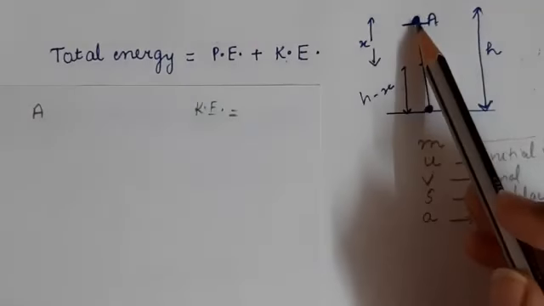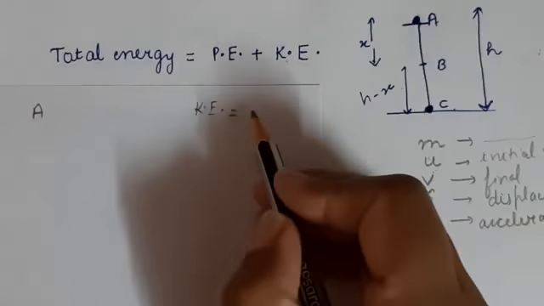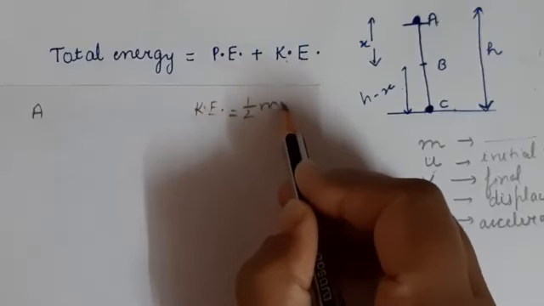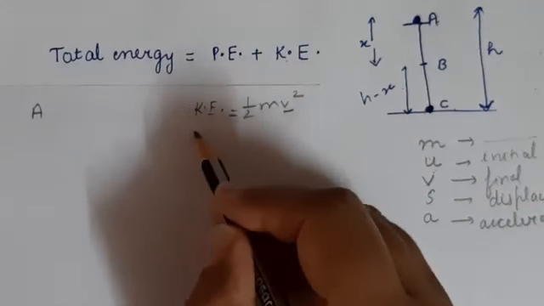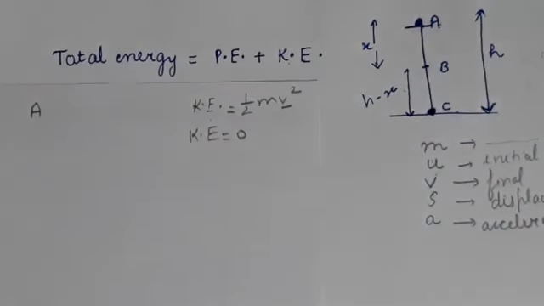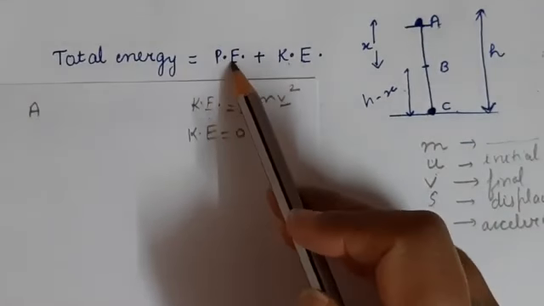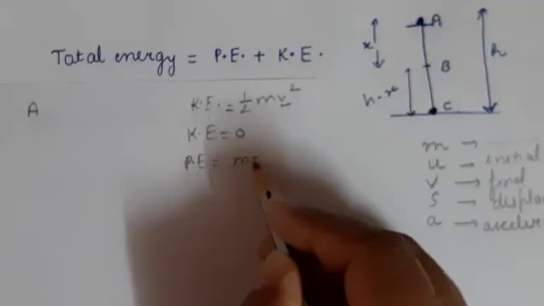Since the object is at rest, at a stationary position, the velocity is 0. And what is kinetic energy? Kinetic energy is half mv square. If velocity is 0, the kinetic energy becomes 0. And what will be the potential energy at point A? Potential energy is mgh.